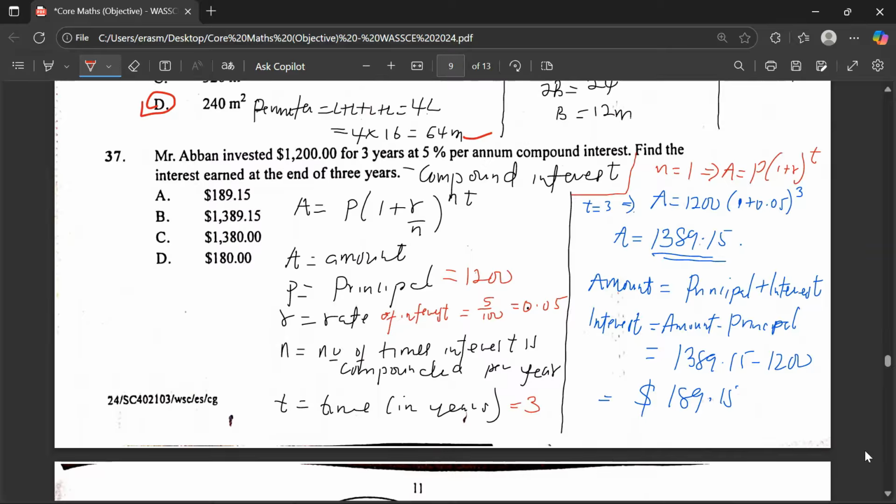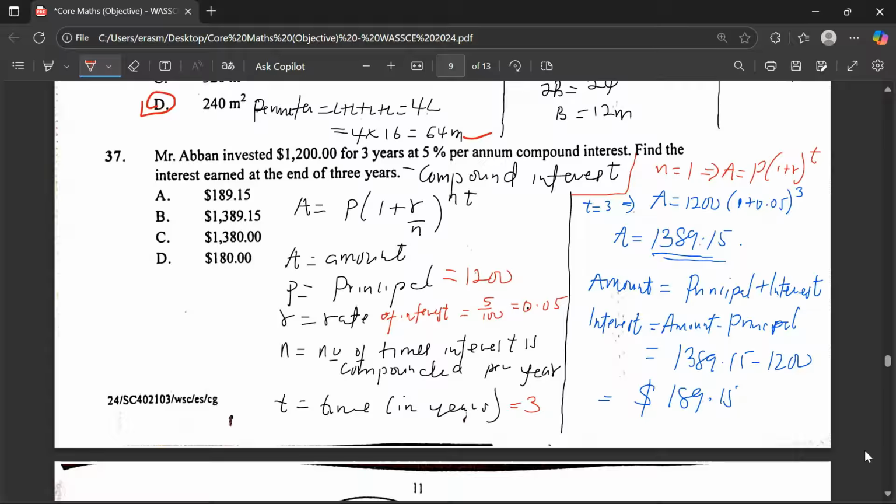Mr. Urban invested $1,200 for 3 years at 5% per annum compound interest. Find the interest earned at the end of 3 years. So this is a problem on compound interest. And the formula is A equals P times (1 plus R on N) to the power NT, where A is the amount and P is the principal.